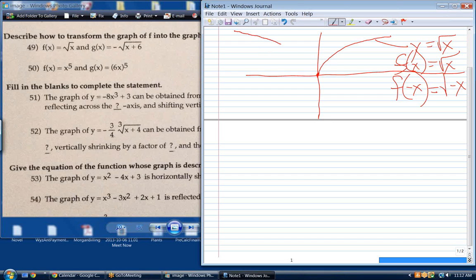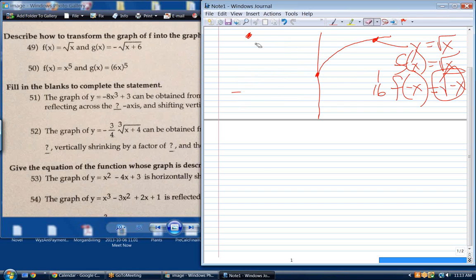In other words, x's all have to be negative is the only way you can even have the square root of negative x. So if x is minus 16, y is 4. So over here, when x is 16, y is 4. Well, over here, when x is minus 16, y is plus 4. So it makes it a reflection across the y-axis.